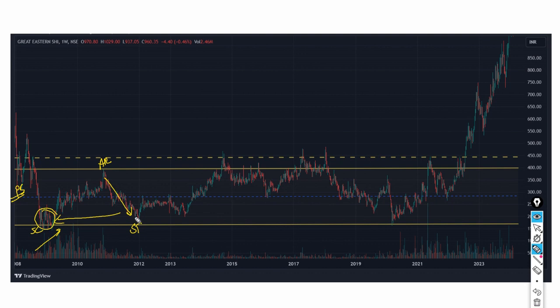So a secondary test is a test of the selling climax, where he is understanding the balance of supply and demand. Every time we say there is a test, the operator is checking the balance of supply and demand at those particular levels. In this case, at this selling climax level, he is checking the balance.